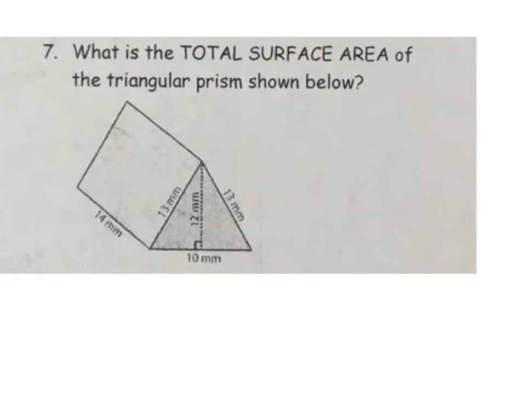Okay, so number 7, what is the total surface area of the triangular prism shown below? So total surface area, I'm going to highlight that because that's what we're looking for. I know it's a triangular prism, so let's write our formula. PH plus 2B.